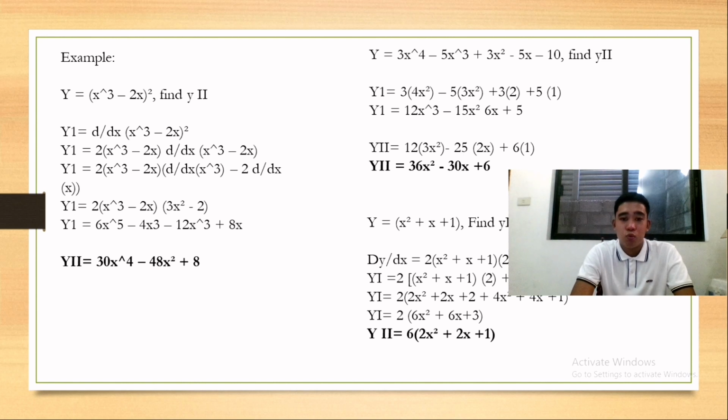Example number 2. y equals 3x to the 4th minus 5x cubed plus 3x squared minus 5x minus 10.